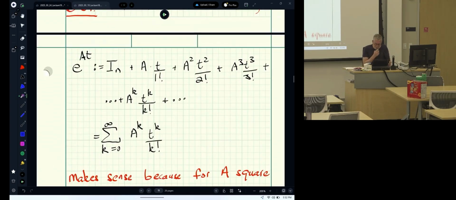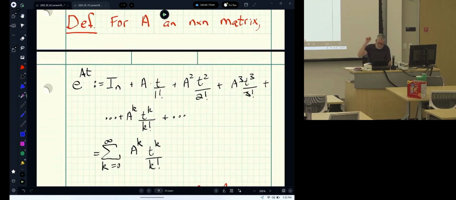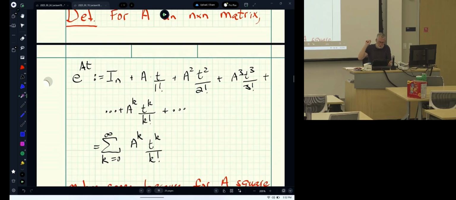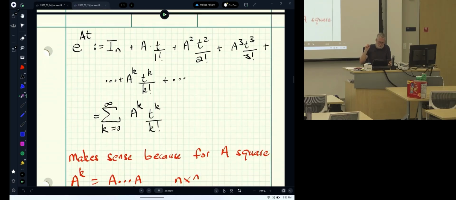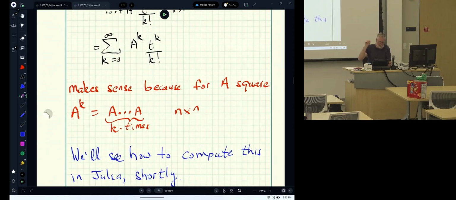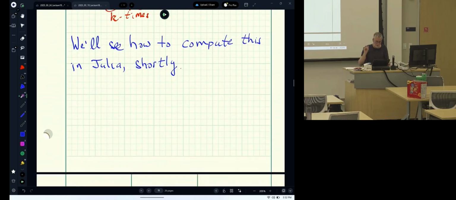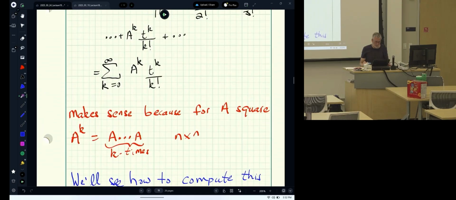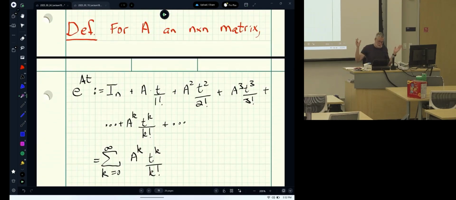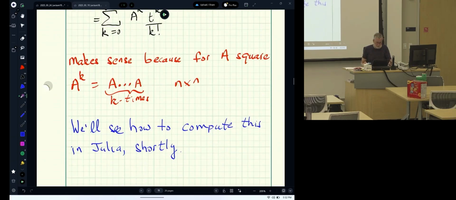And the amazing part is it's going to be super easy to understand what e to the At does when we use eigenvalues and eigenvectors. Okay? So that's going to be the big payoff on Wednesday. We're going to understand this through eigenvalues and eigenvectors.